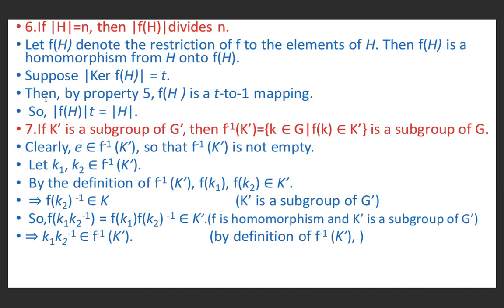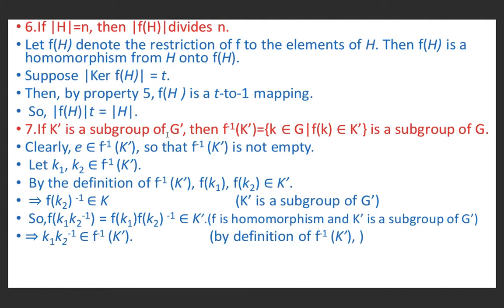Now using property 5, f_H is a t to 1 mapping. It means the number of elements in f(H) into t is equal to the number of elements in H. And this implies that order of f(H) divides n, because n is equal to the number of elements in H, or order of H.